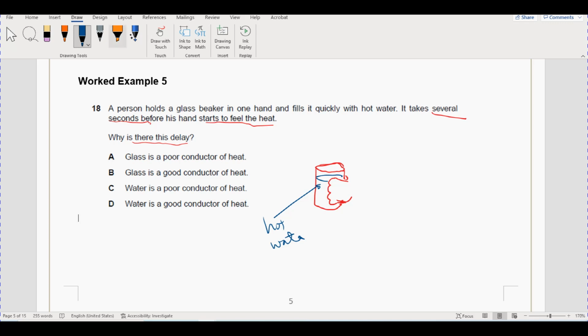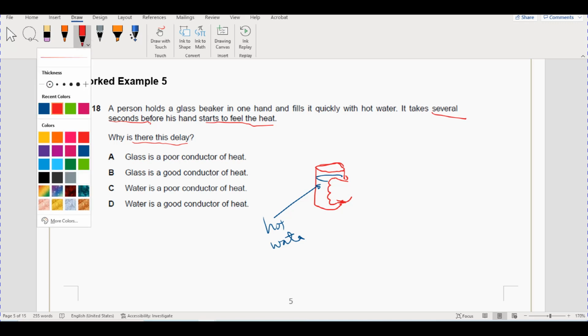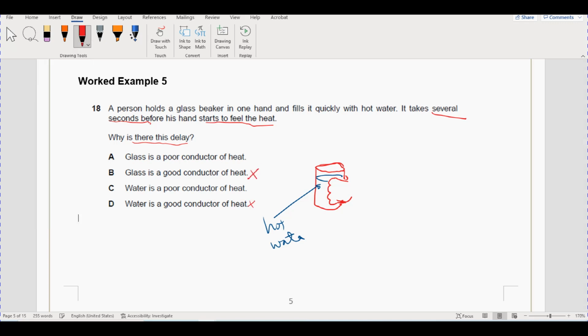Obviously you won't say good conductor of heat, because if they were good conductors of heat, then it's not justified to say there is a delay. So when we talk about conduction, it must be in context. The glass beaker is in contact with the hand, so I think the better answer would be glass is a poor conductor of heat. That's it.